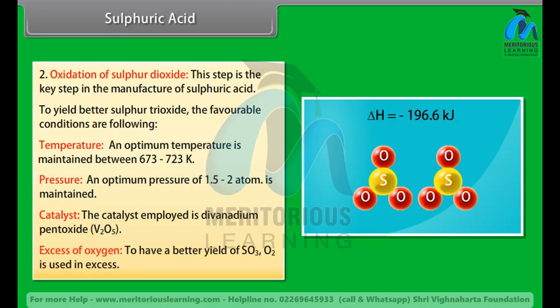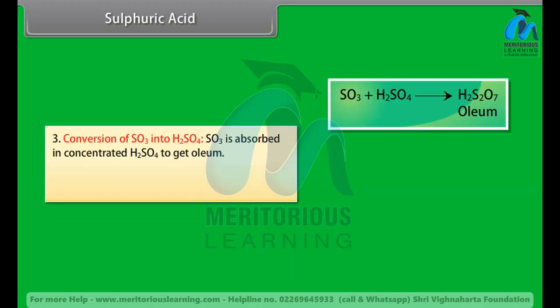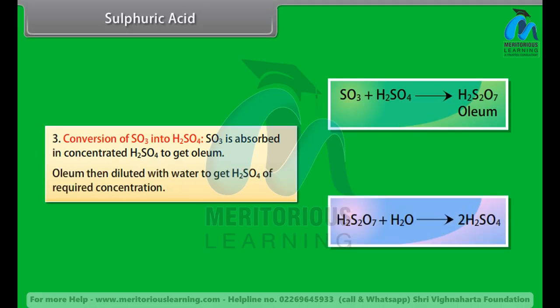To have a better yield of SO3, O2 is used in excess. Conversion of SO3 into H2SO4. SO3 is absorbed in concentrated H2SO4 to get oleum. Oleum is then diluted with water to get H2SO4 of the required concentration.